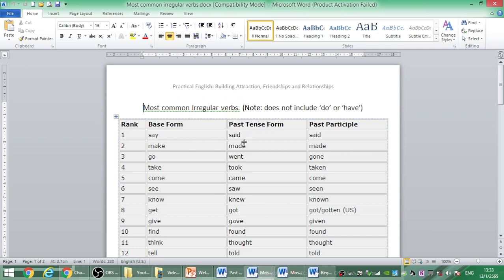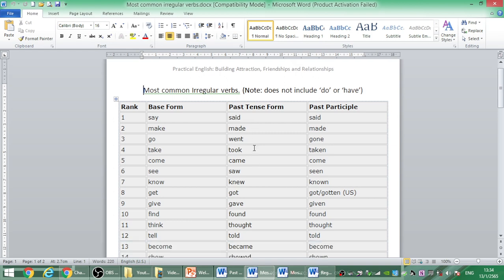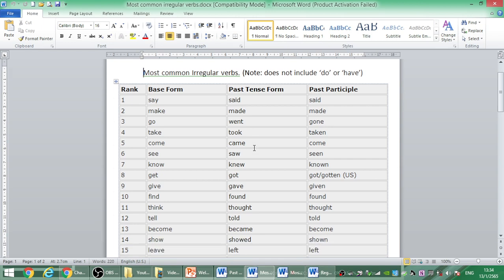You can see verb 1s are here, verb 2s are here, the past tense. What I want you to do is just study and remember the past tense forms of the most common irregular verbs the best you can.